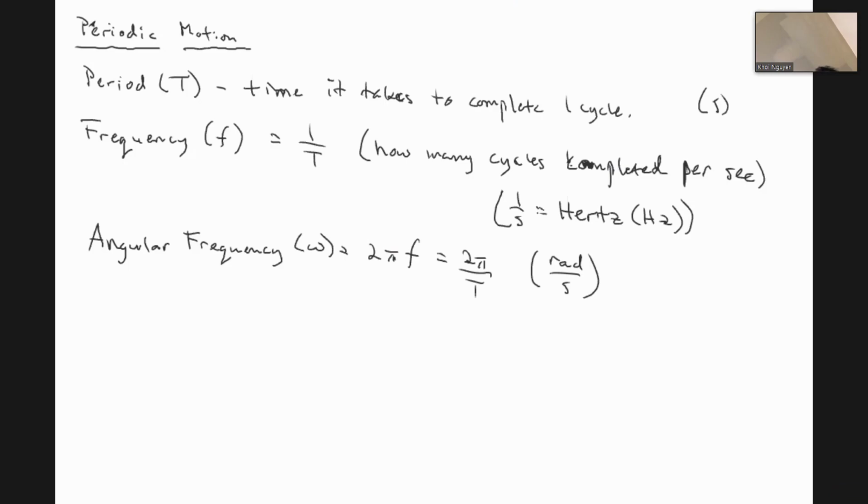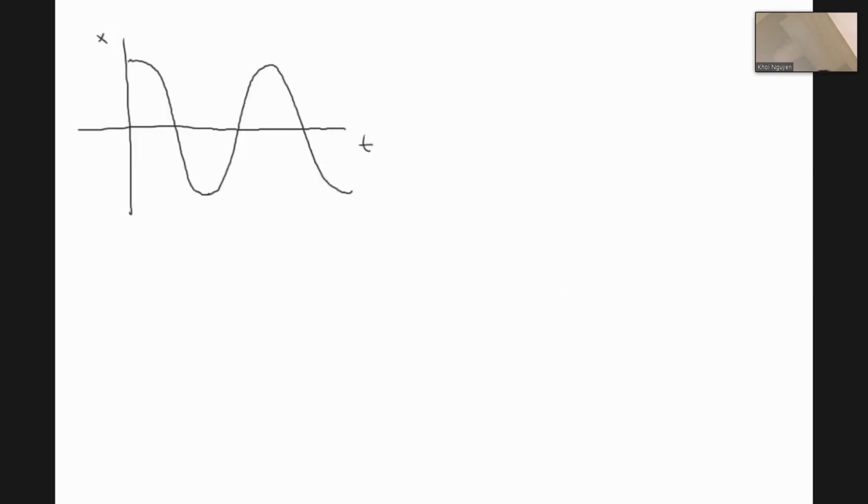Cool. So if you think about it, this is your typical sinusoid type graph, where the equation is some amplitude times the cosine, it's not sine, cosine omega t.